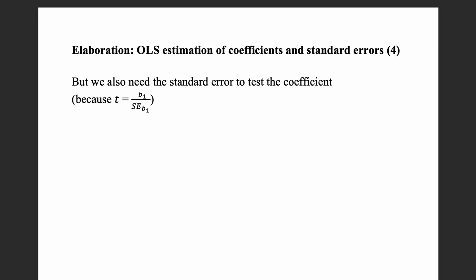But before we can get the t-value, we are going to need the standard error, and for that we can use a version of the OLS method to estimate the standard error. And again, for a simple linear regression model, it's a relatively straightforward formula.